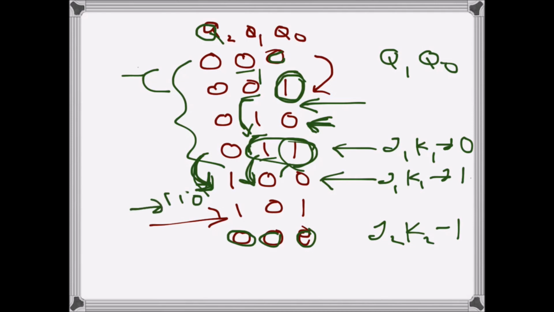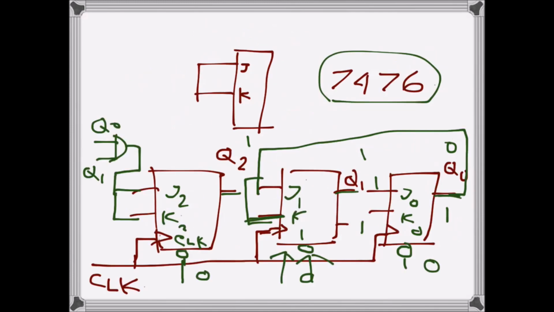Q2 and Q1 don't both become 1 in any other case before that. So this is the only case when both of them will become 1. So if we use these two as the inputs of the NAND gate, the output will be 0 only when Q2, Q1, Q0 is becoming 6. So that's what we should do.